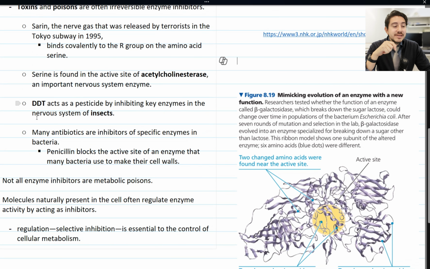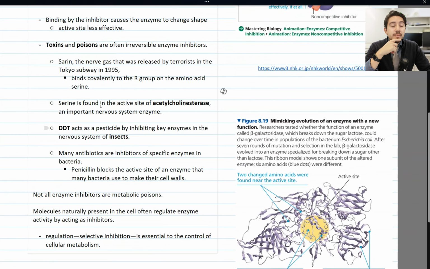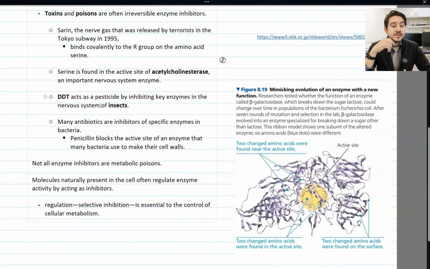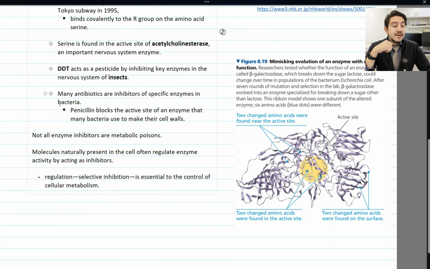Another example is DDT. It acts as a pesticide by inhibiting key enzymes in the nervous system of insects. So you have another situation here. There are many examples for insects, humans, pesticides. Antibiotics work in a similar way.